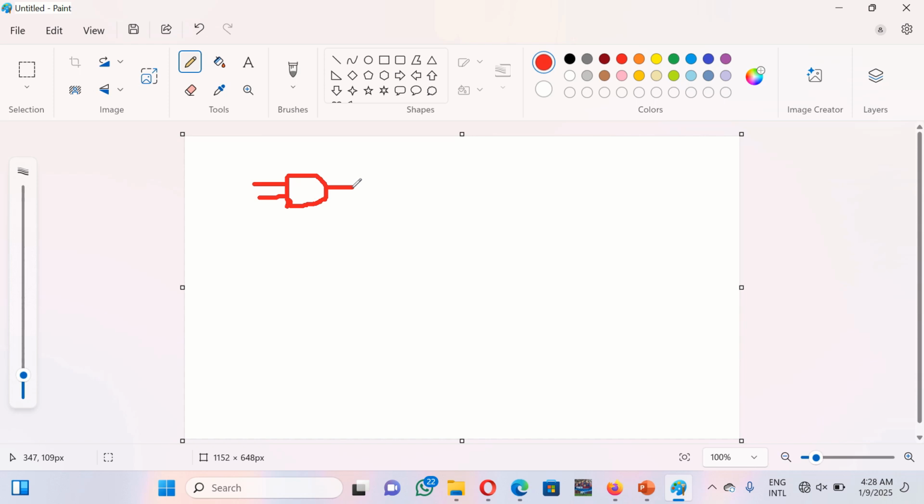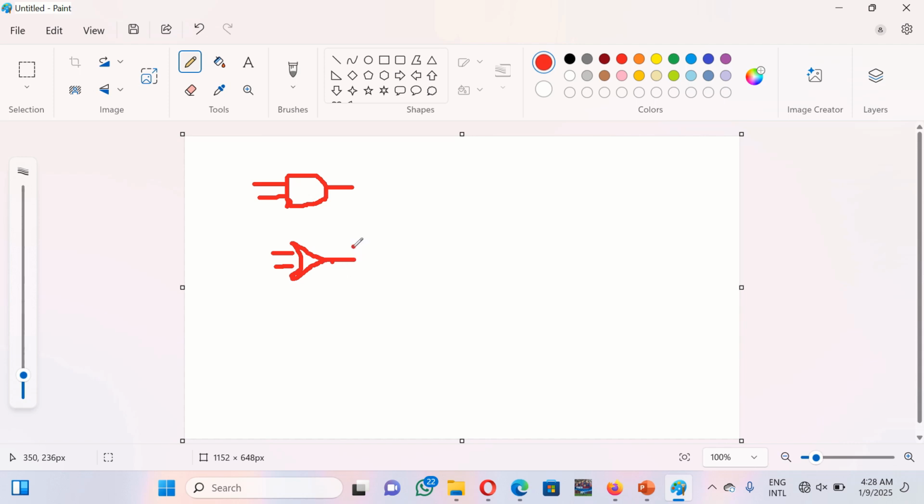So this is an AND gate. The first one that I just finished drawing is the AND gate, and then we could have another one here which will be an OR gate. Okay, so this is an OR gate.